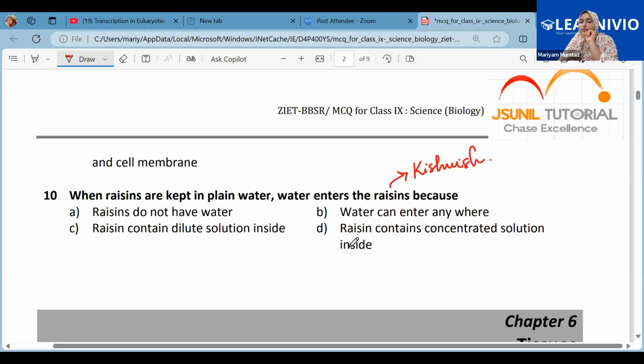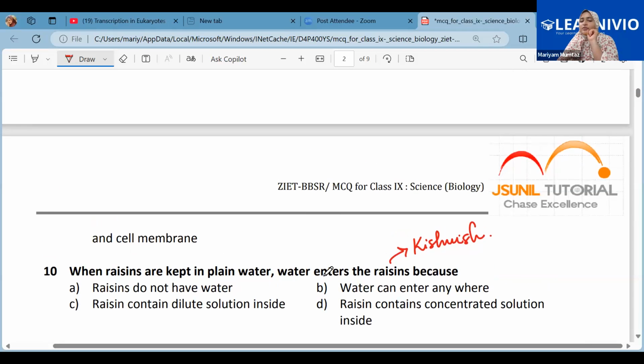If the raisins do not have water, this we can consider, but look at option D. What do you think about option D? What happens when any solution is concentrated? The water will flow outwards.